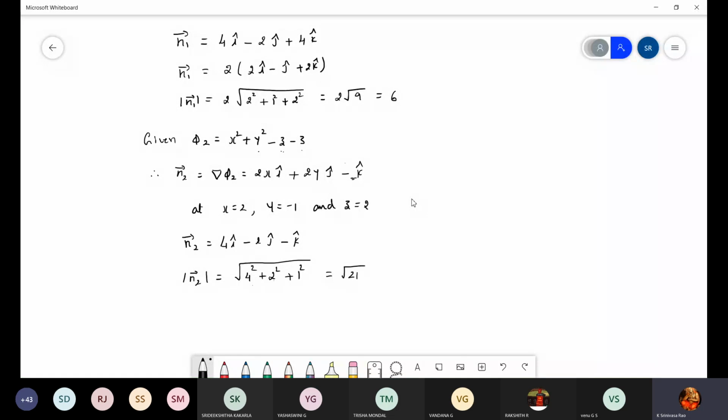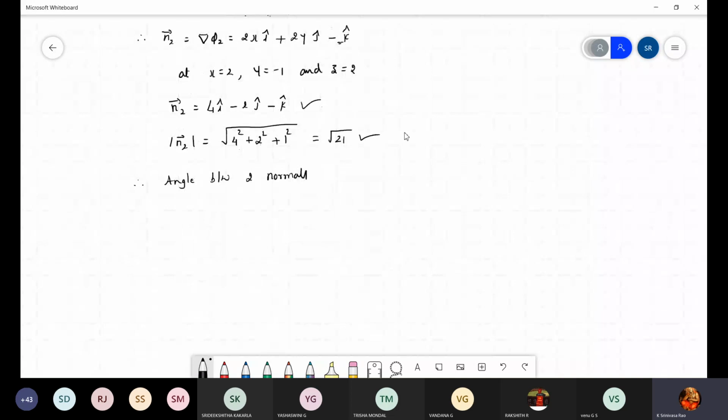Now we have all three: n1 and magnitude of n1, n2 and magnitude of n2. So next line: therefore the angle between two normals. Just write down the formula.